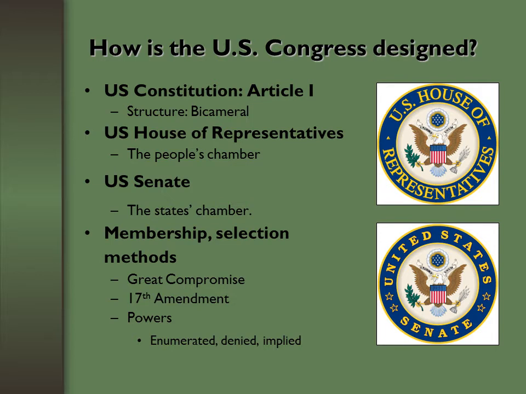We talked about the qualifications of the House. Members in the U.S. House tend to be a little bit younger, but as you can see, the framers outlined specific qualifications. They have to be at least 25 years old, a citizen for 7 years, and a resident of the state. But I would say, even though it's not stipulated in the Constitution, they better be a resident of the congressional district that they're representing.